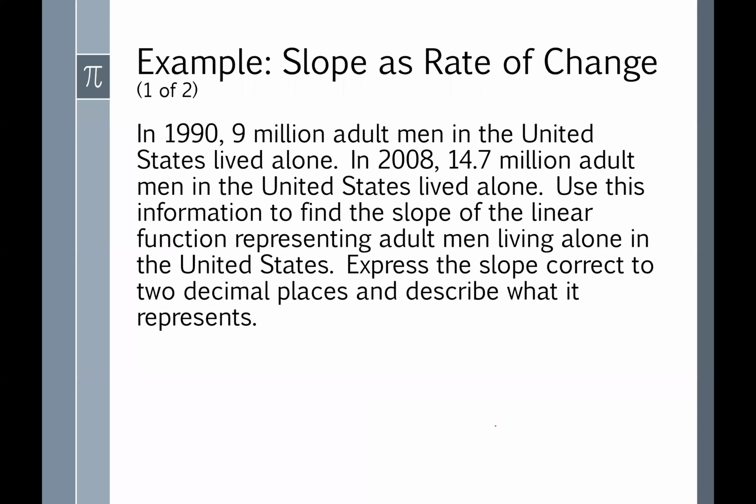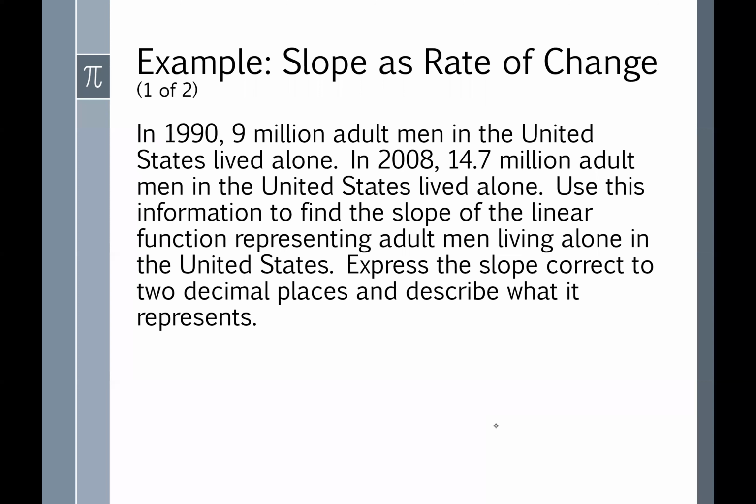So now let's look at an example in real world. I got my quotes up again. Real world example where we're finding the rate of change. And this is the rate of change of a line, okay? So in 1990, 9 million adult men in the United States lived alone.